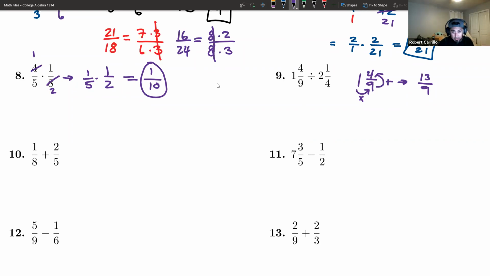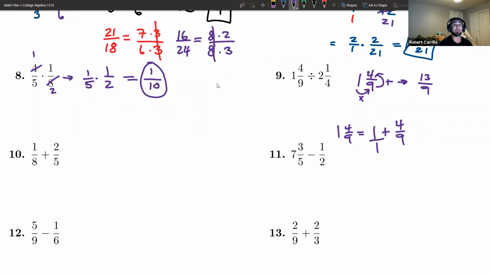And just to show you why this fraction trick works, it's how mixed numbers work. So 1 4/9 is also written as 1 plus 4/9. These mean the same thing. But what I'm going to do now is change this 1 into a fraction. I'm going to make it 1/1. You can make any number a fraction as long as you put it over 1.